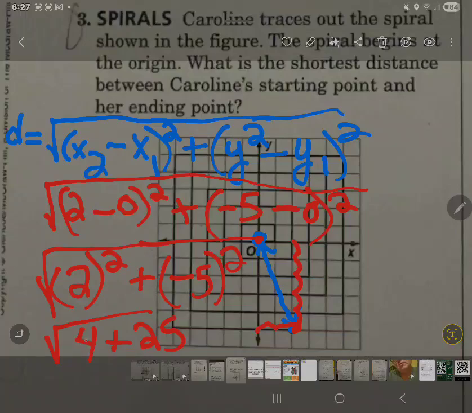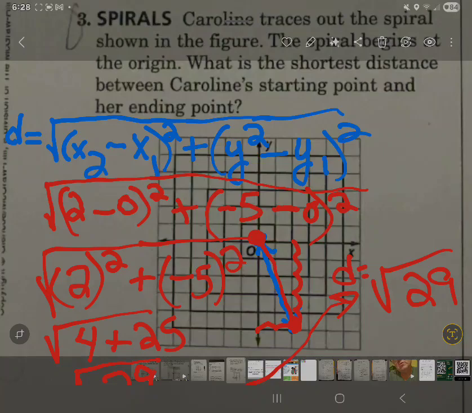And so now we have 4 plus 25, positive 29. Oh, let me write it over here. So the square root of positive 29. That is our distance between this point and this point, whatever the square root of 29 is.